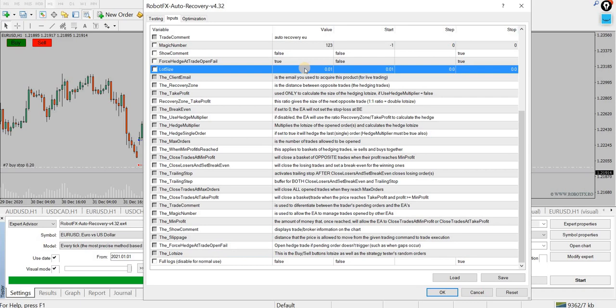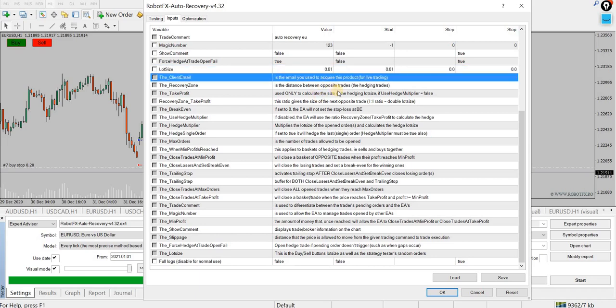The lot size that you see in the strategy tester is a percentage of the equity. So this is percentage of the equity, not normal lot size. You shouldn't care about it really.